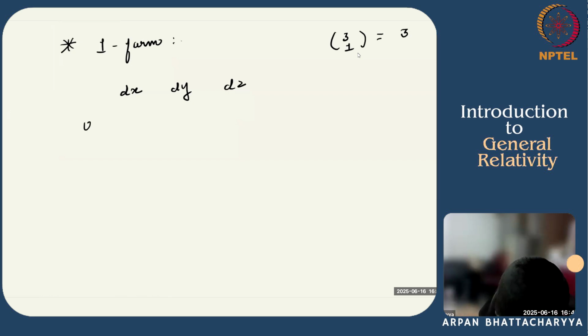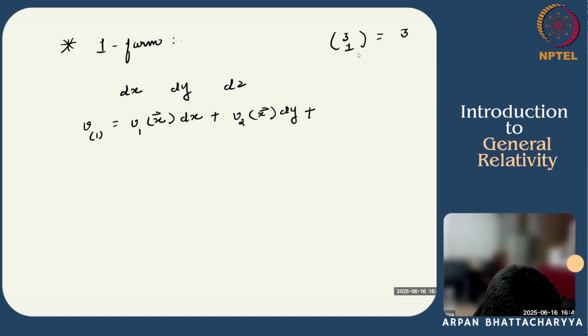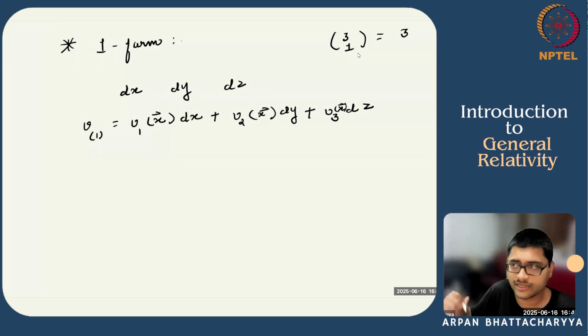And a generic one form in this basis has these components. In general, these components are functions of the space-time coordinates, in this case of the spatial coordinates x, y, and z.